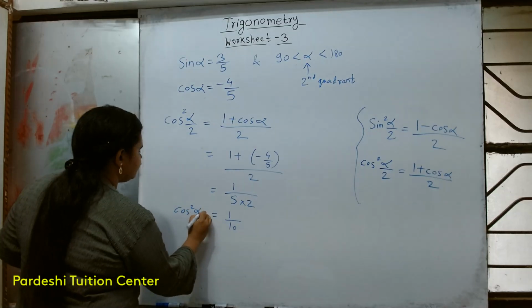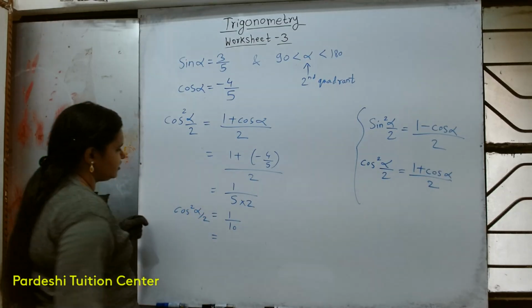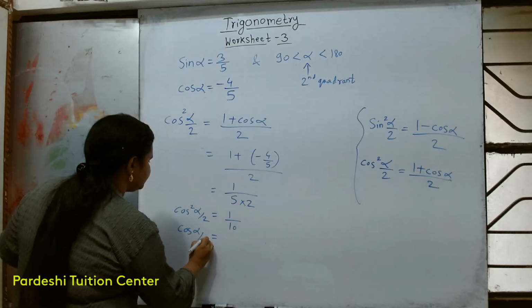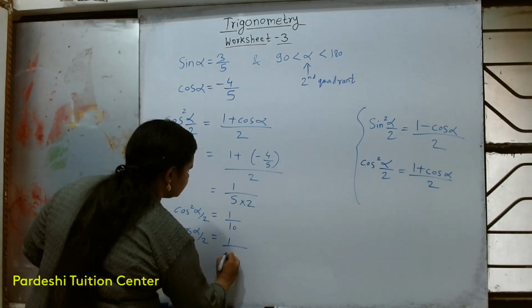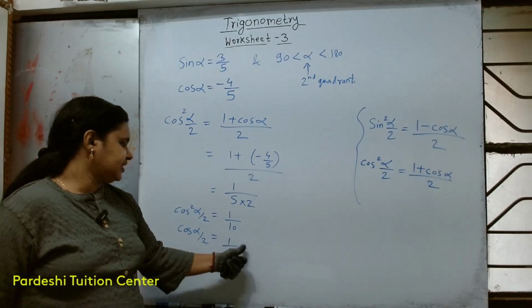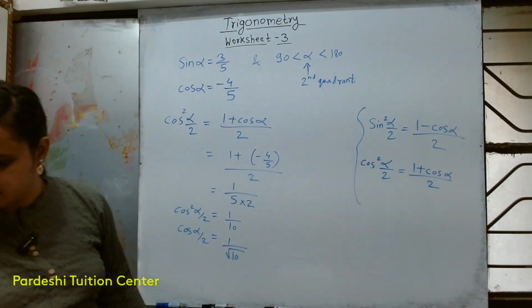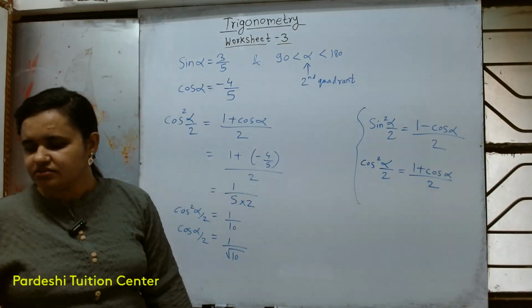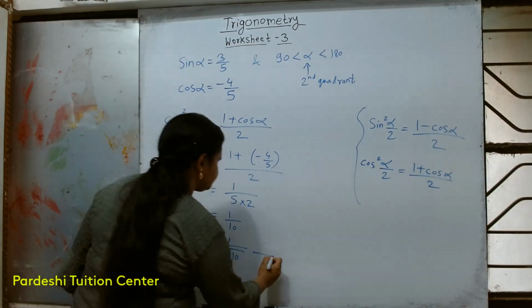If I take the square root on both sides, cos alpha by 2 is 1 upon under root of 10. So cos alpha by 2 is calculated as 1 upon root 10. That is the S option. For B, the option is S.